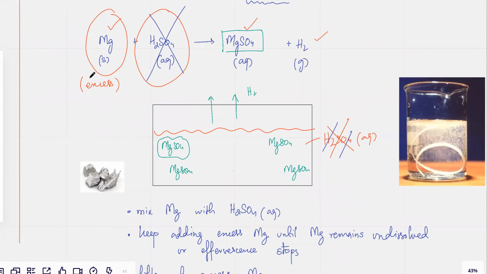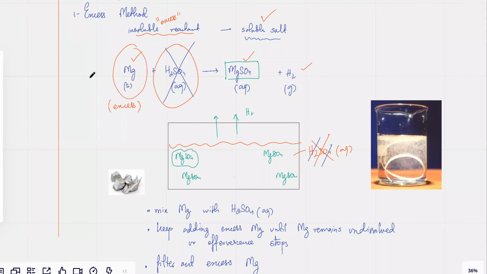You want to ensure that the acid completely reacts. Because your salt is soluble, it would be part of the solution, so your solution should not contain any acid. In the beginning there was acid, but after the reaction, there should be absolutely no acid left in the container. Is this all clear? Yes, sir.